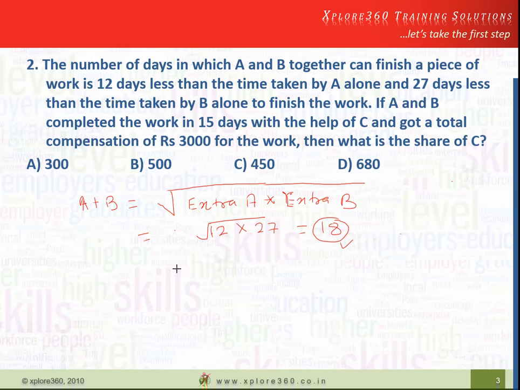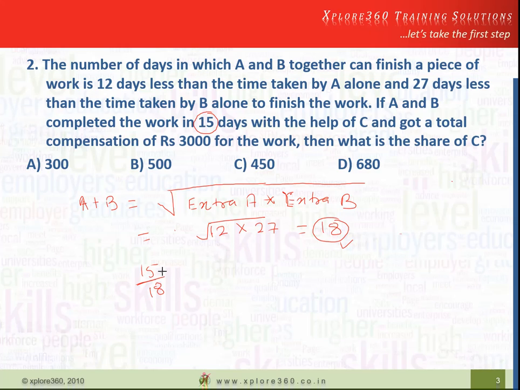For the wages, I always advise calculating the wages on the basis of how much work has been done by the individuals, right? Here A, B and C finish the work in 15 days. So A and B work for 15 days. How much work is done by A and B? A and B can do 1 by 18 of the work in one day.